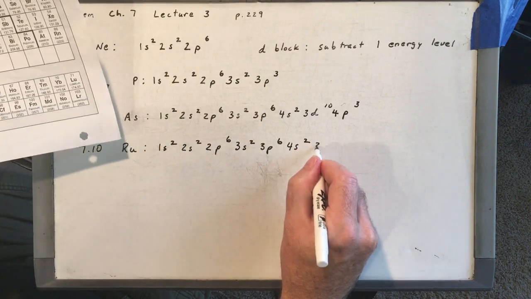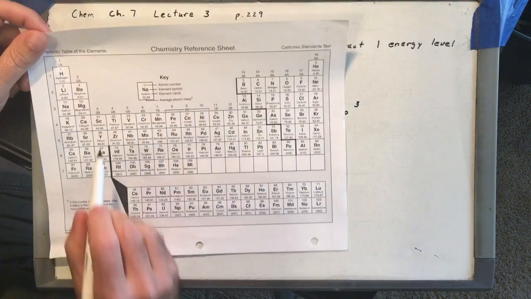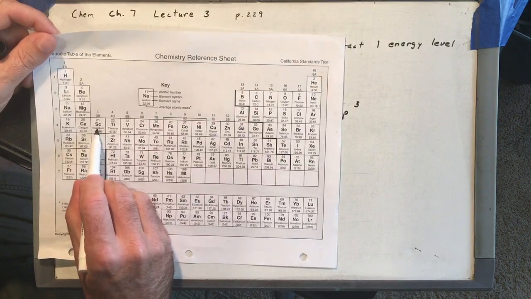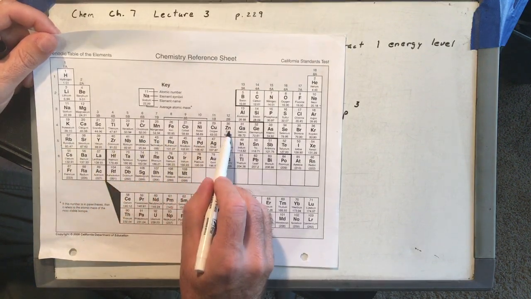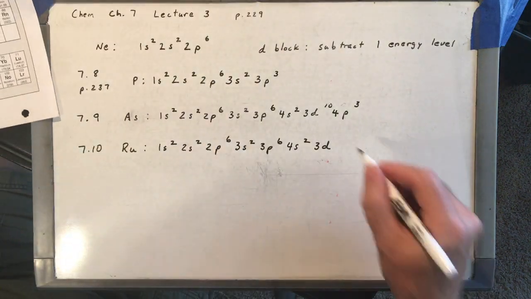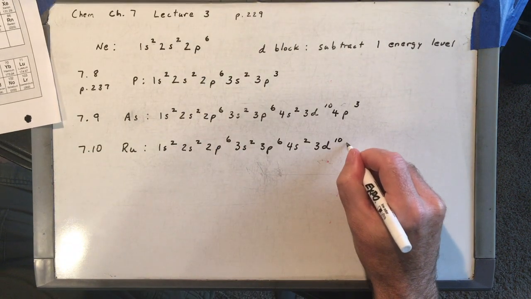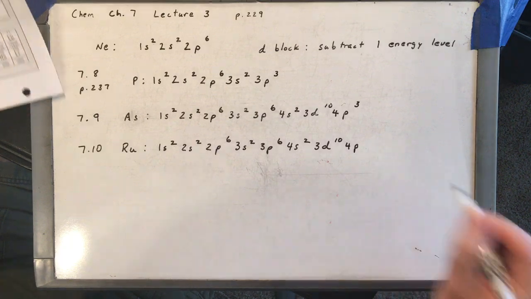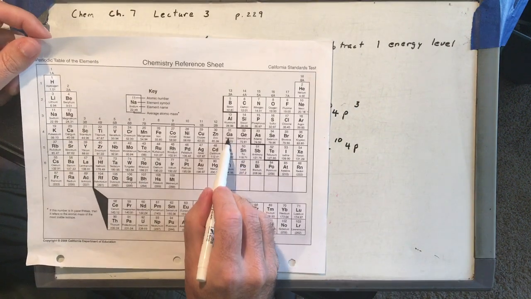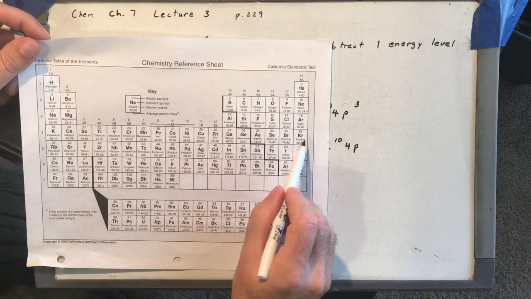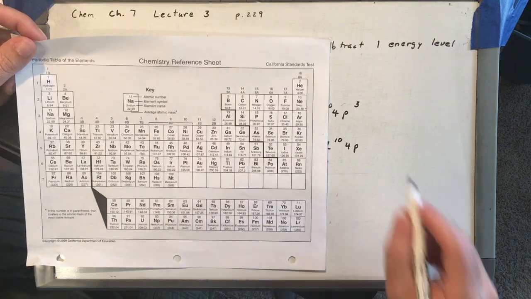Now we're going to reduce the energy level by 1 because we've made it to D block. And we'll go all the way 10 electrons to zinc, so 3d10. Back up to energy level 4 and P here at gallium. 1, 2, 3, 4, 5, 6. We're at krypton.